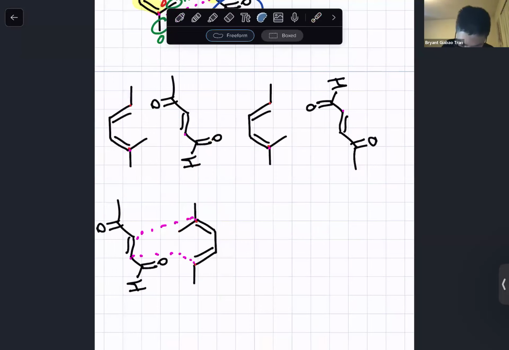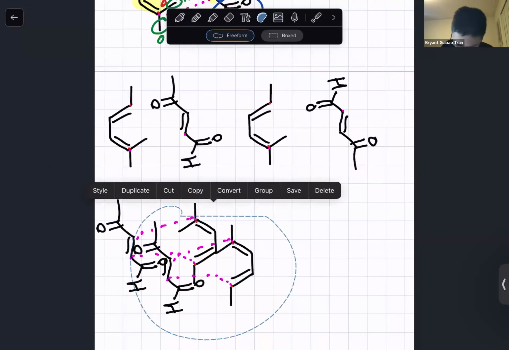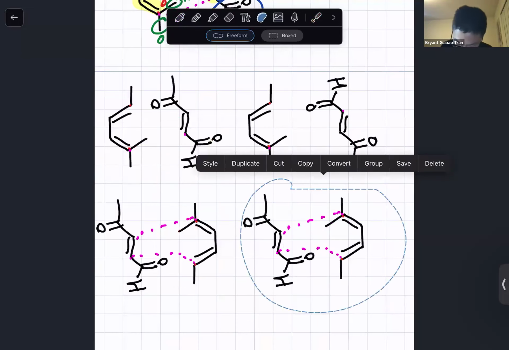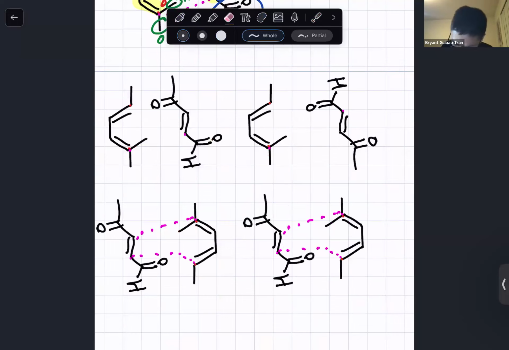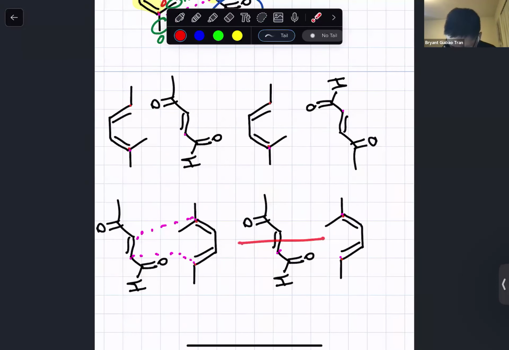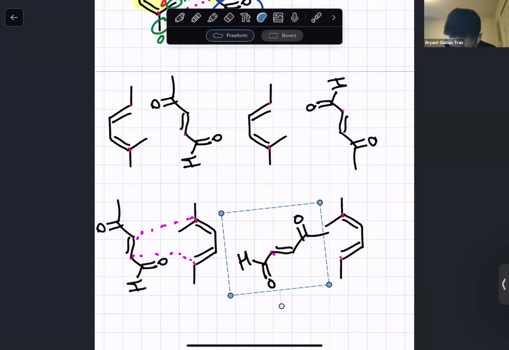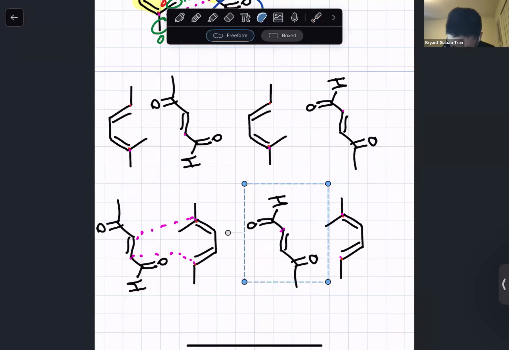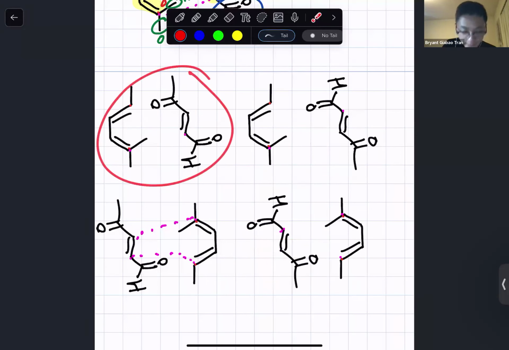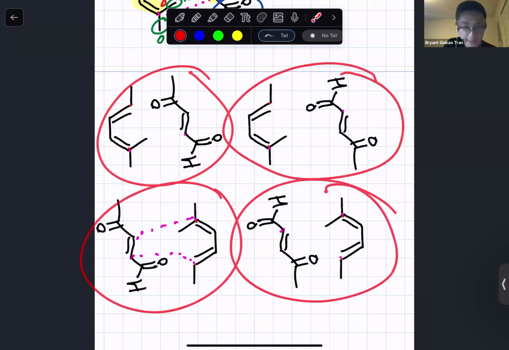The other one would be exact same thing, but the dienophile is also flipped upside down, relative to the y-axis, like you said. Or the x-axis, flip it upside down like this. So this orientation gives you two products, two products, two products, two products. So that's 8 products total.